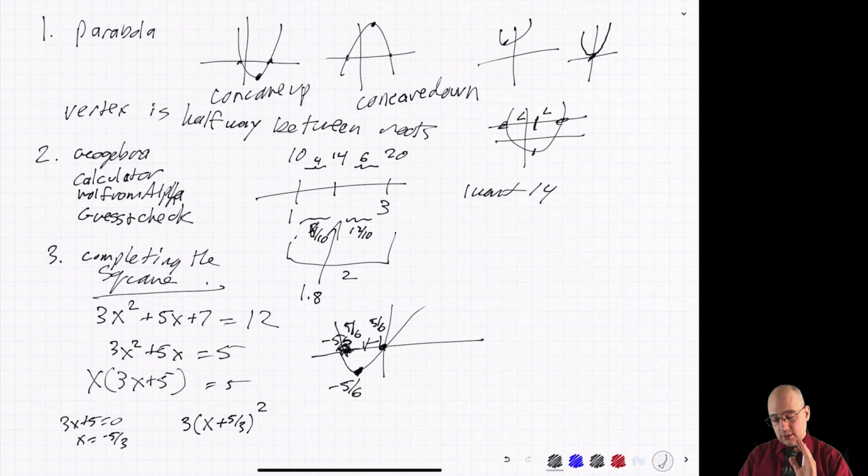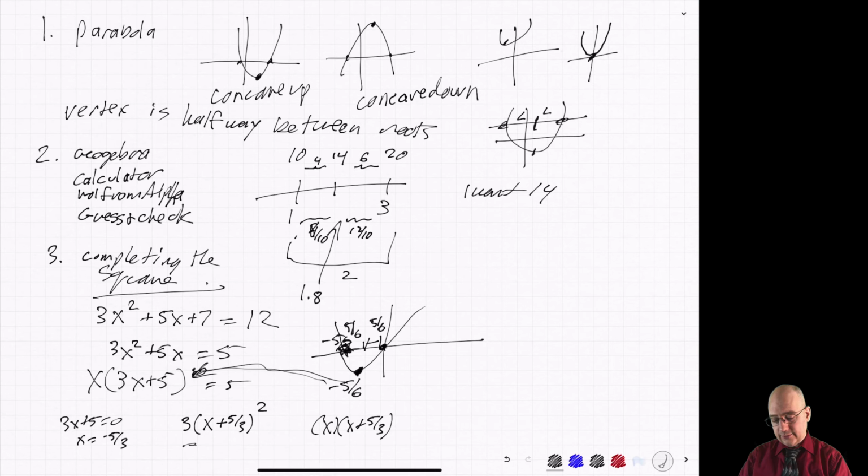So if you plug in minus 5/6 into, well, actually, sorry, into x and x plus 5/3. So I factored out the 3. That's why the 3 is in front of that squared term.